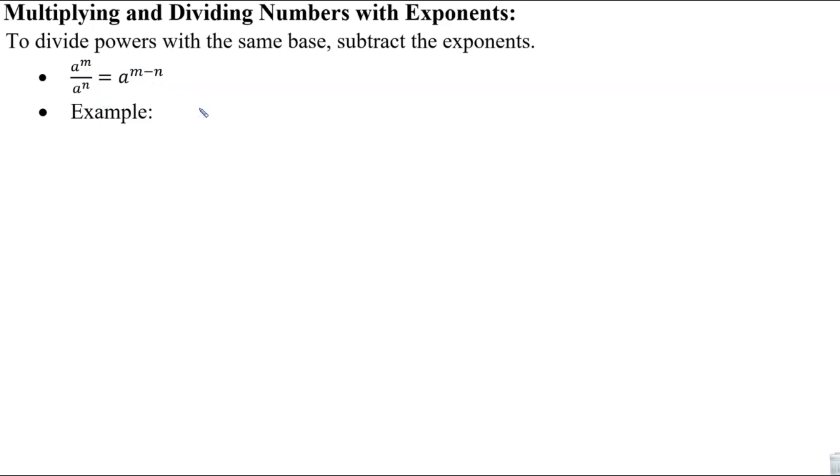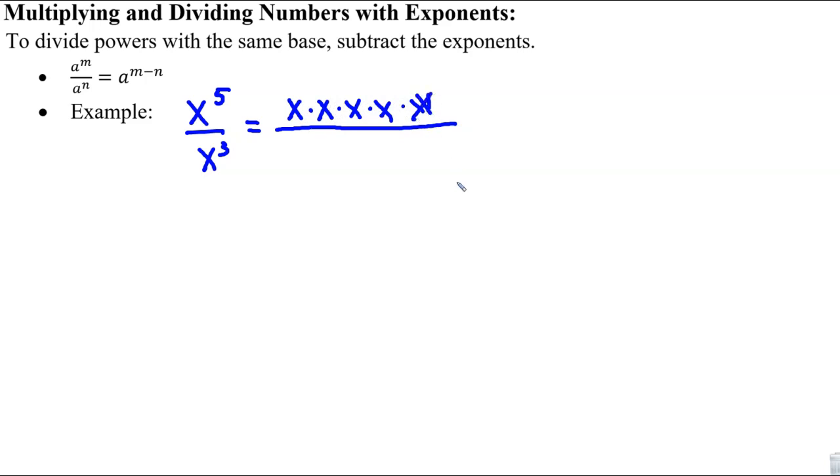Why is this true? Let's say I have x to the 5th, and I want to divide that by x to the third. Well, by definition, what do I have here? X to the 5th is x times x times x times x times x, 5 times. And x to the third is x times x times x, 3 times. Now, by division, if I divide x by x, the x's cancel out.